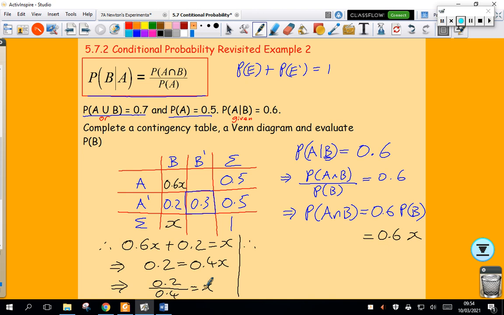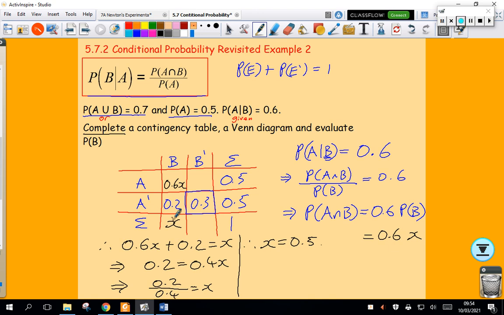Therefore, x is equal to 0.2 over 0.4, that's the same as 2 over 4, or 1 over 2, or a half. x is equal to 0.5. From here, now I can complete the contingency table. It was incomplete initially because I didn't have enough information, but I was able to define a variable and solve.